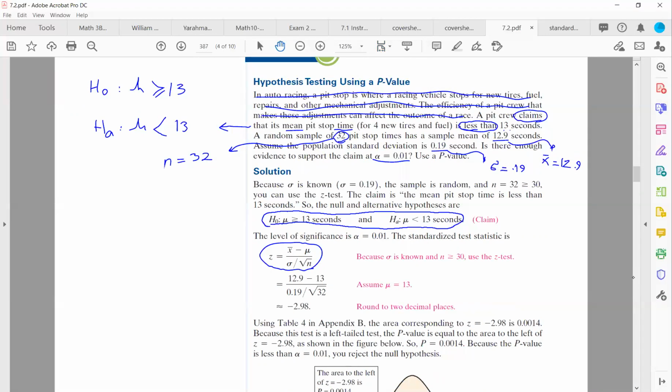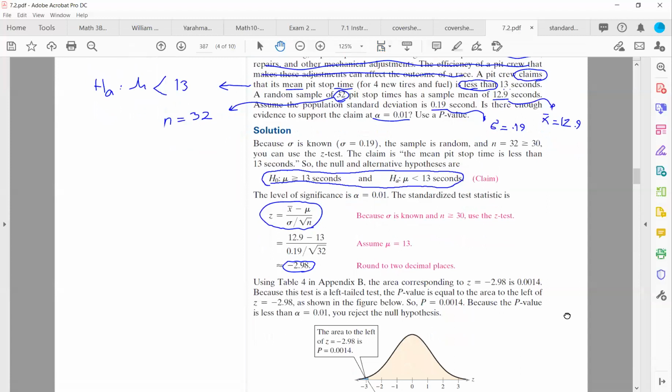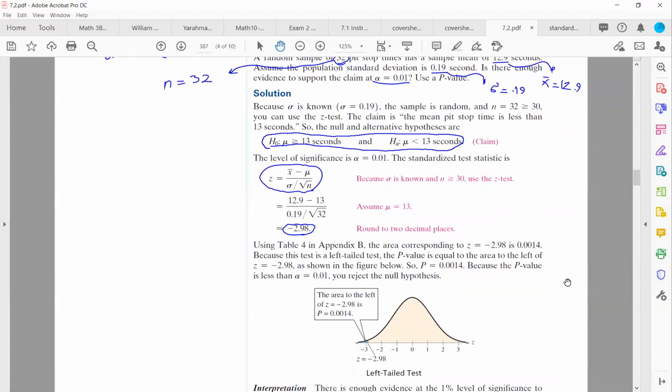Mu is 13. And we have sigma, the population standard deviation, 0.19 divided by square root of 32, the sample size. If you do the calculation, the z value is negative 2.98.